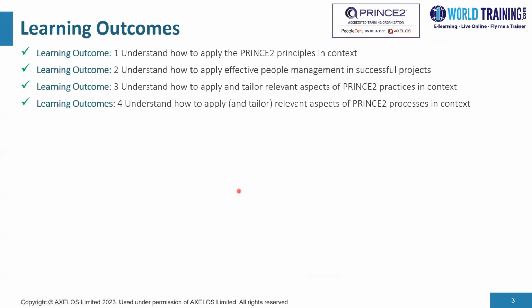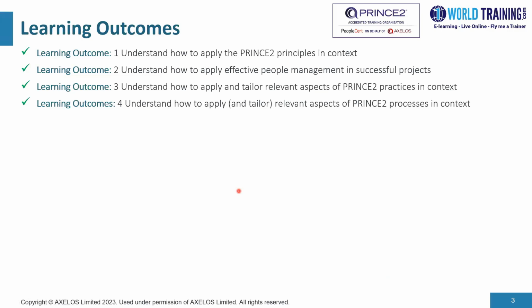Now, PRINCE2 7 Practitioner would cover 4 key learning outcomes. We would understand how to apply the PRINCE2 principles in context. That would be covered in the first few modules. And then we would move on to learning outcome 2, wherein we will try to understand how to apply effective people management in successful projects.